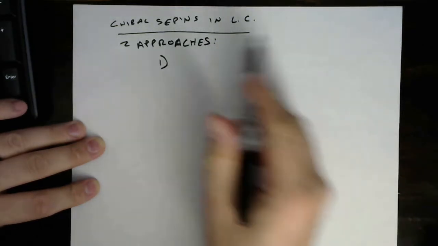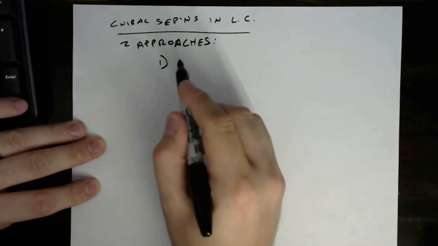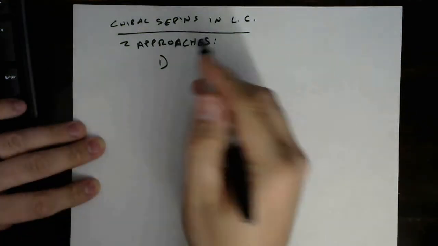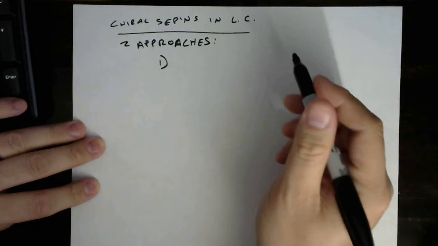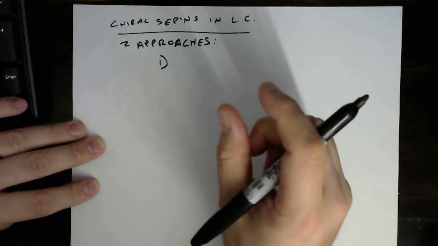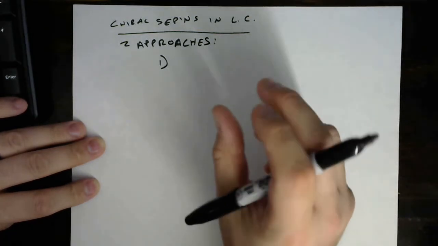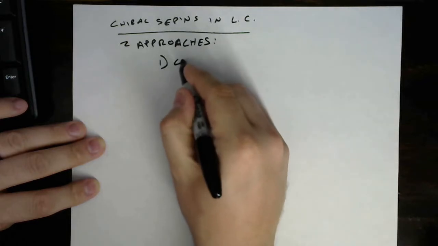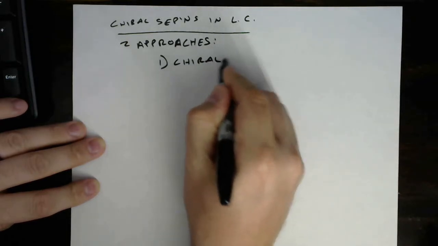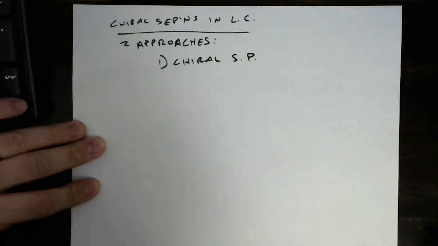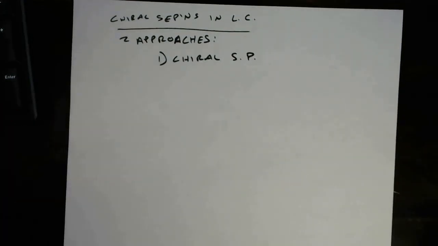The first approach is to use a stationary phase that is functionalized with chiral functionality, basically. So we'll call this a chiral stationary phase. There are kind of two, sort of three ways to do this.